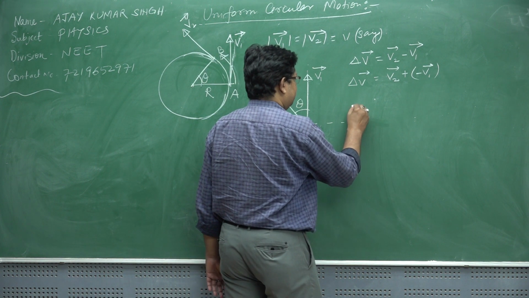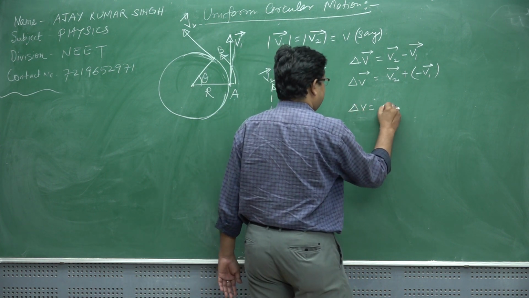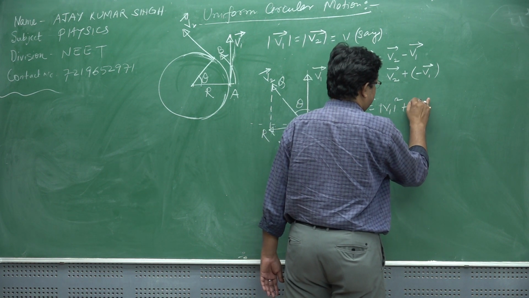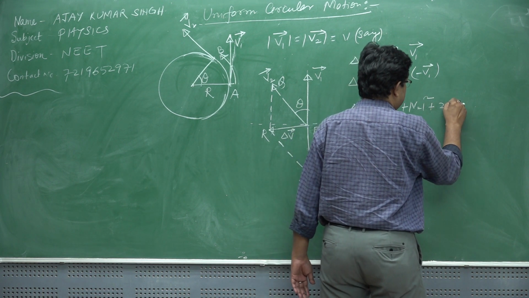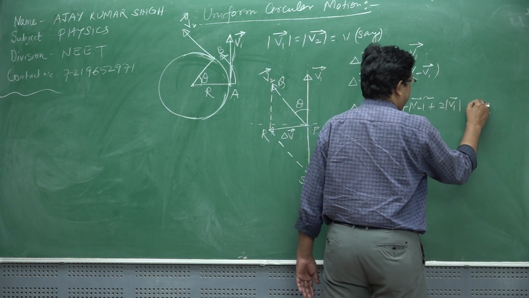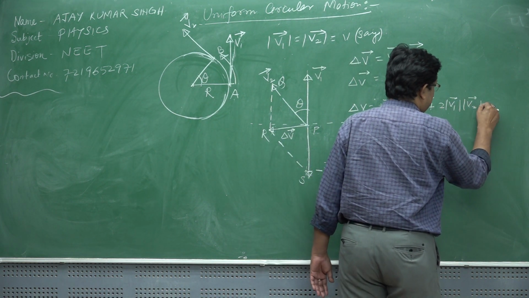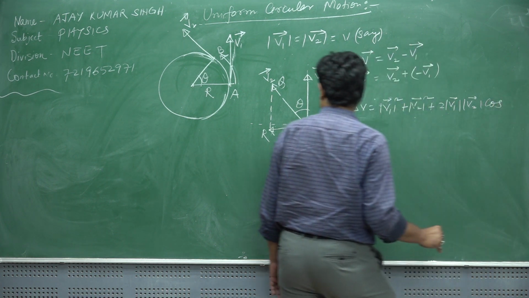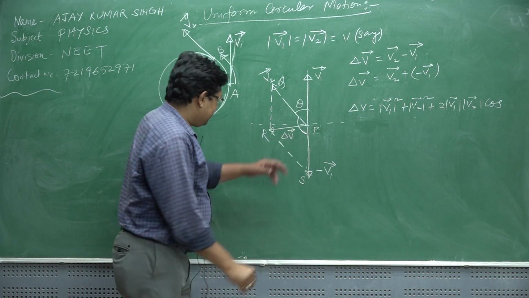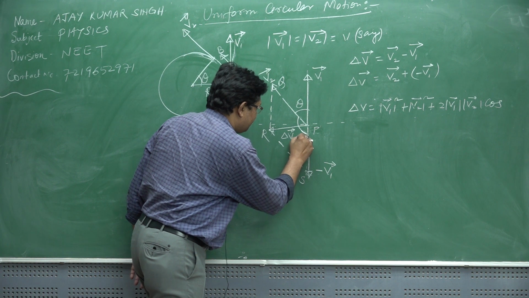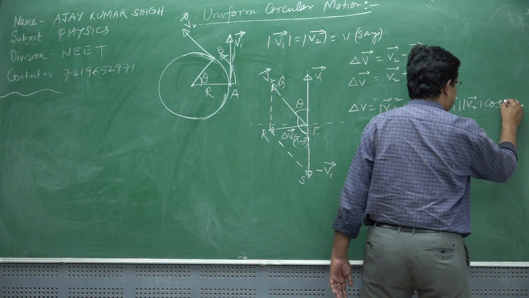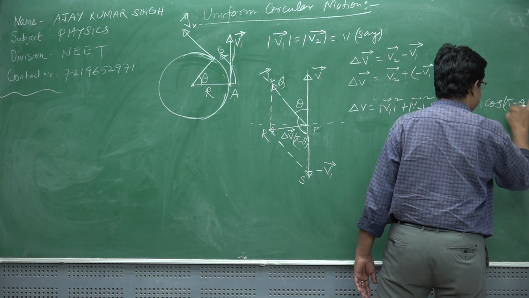So we can say that delta V is equal to square root of V1 modulus square plus V2 modulus square plus twice V1 modulus into V2 modulus into cos of the angle between these two. How much is this angle? This angle is 180 degree minus theta, pi minus theta, we can say. So this is cos of pi minus theta. Okay.